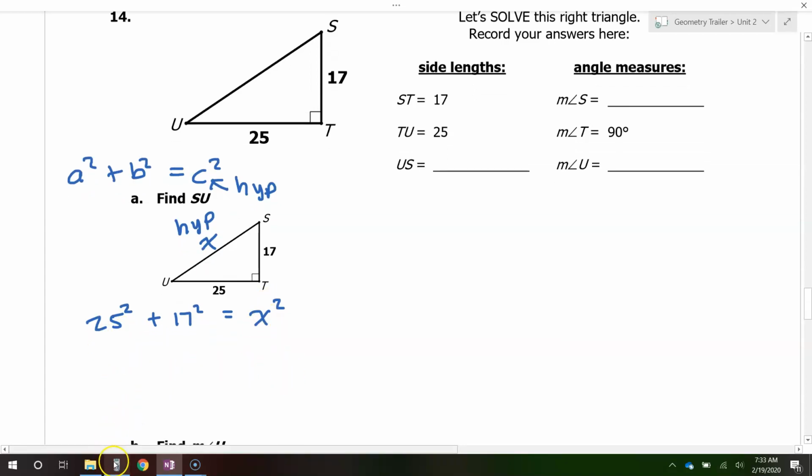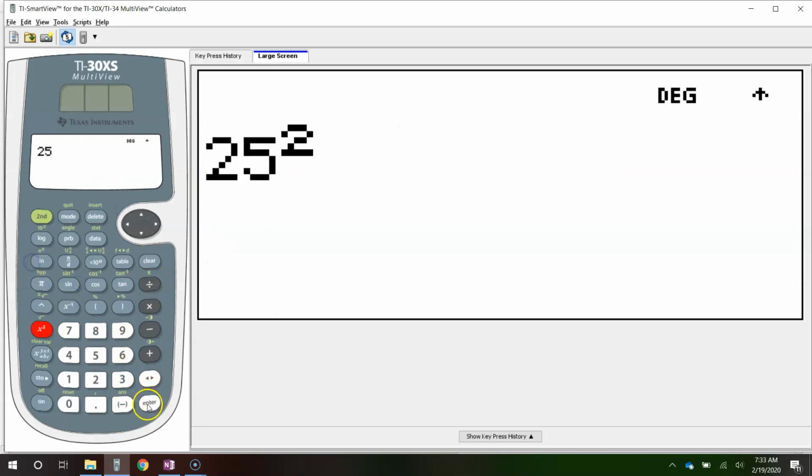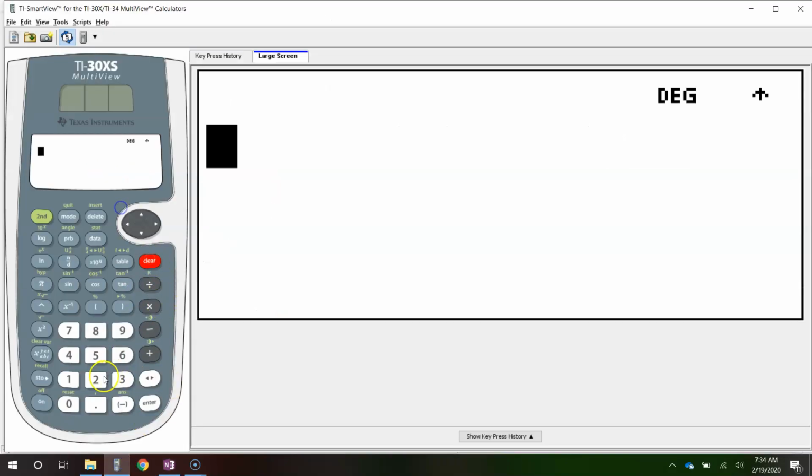So 25 squared is 625. I think 17 squared is 289, but I'm going to check.